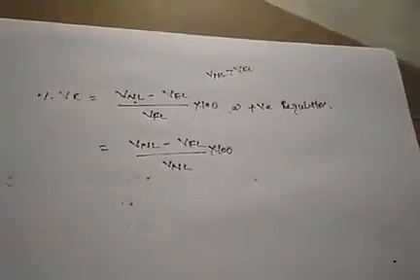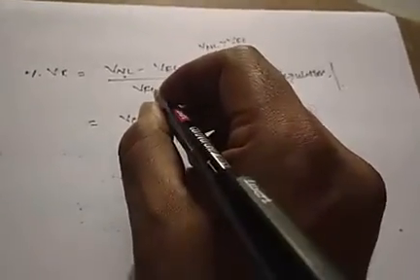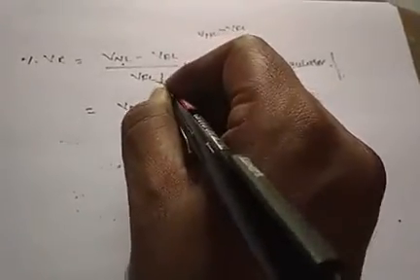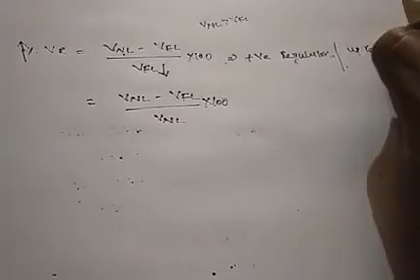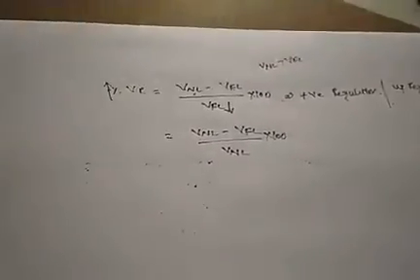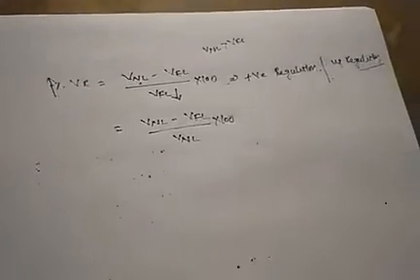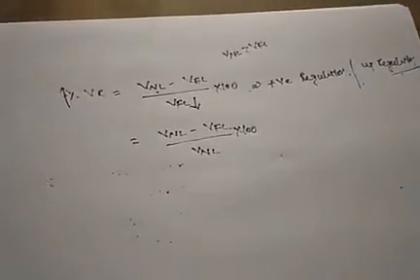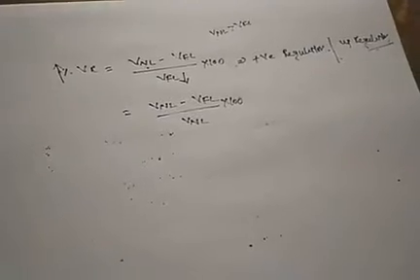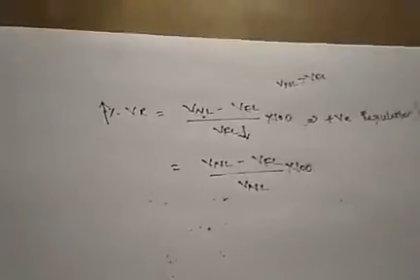And since V full load is in the denominator and it is very less, the voltage regulation is high. This is called up regulation. So depending on the load, my no load voltage should be greater than the full load voltage. In some other loads like capacitive loads, my no load voltage will be lesser when compared to the full load voltage.